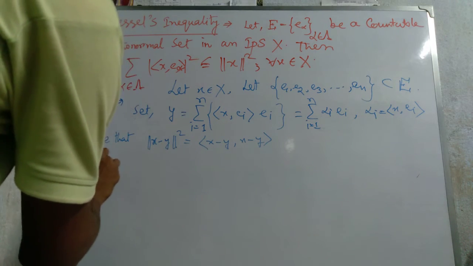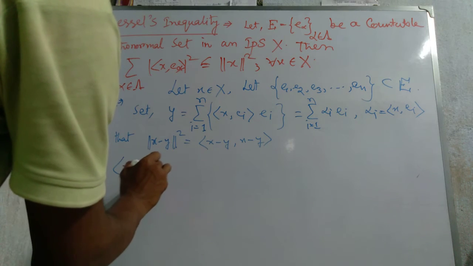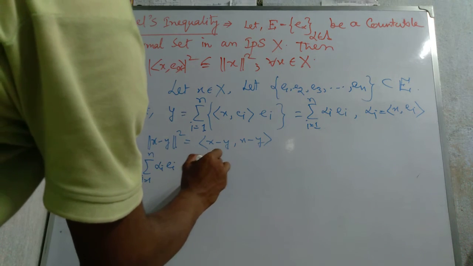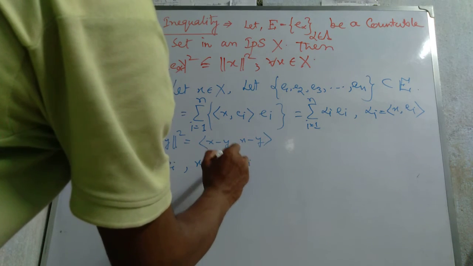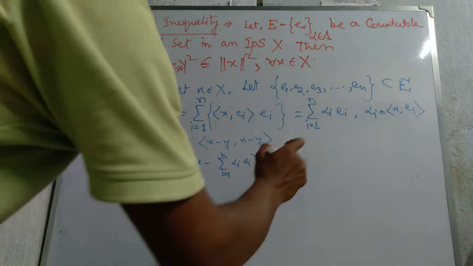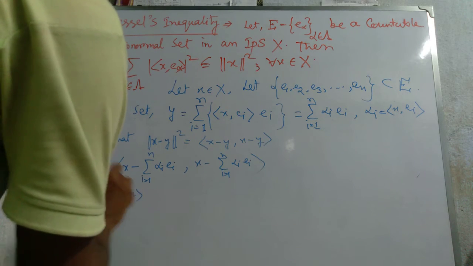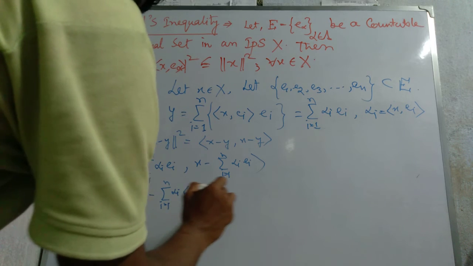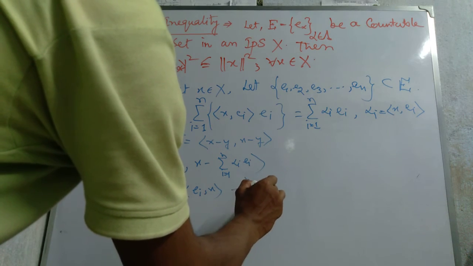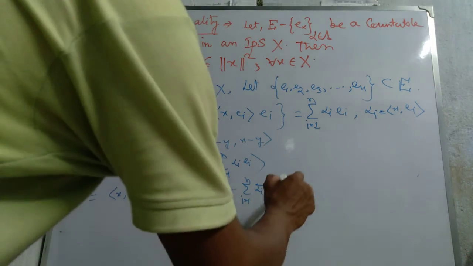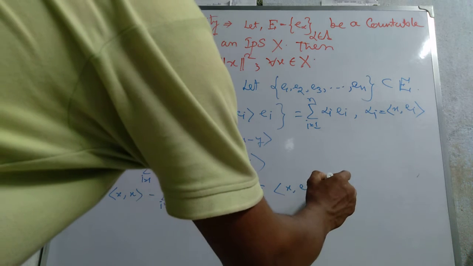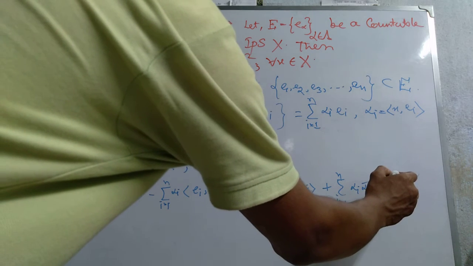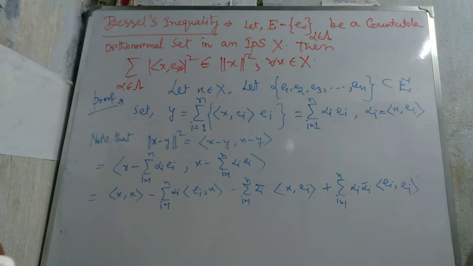Now this one equal to x minus the summation i equal to 1 to n of alpha i Ei, with x minus the summation of alpha i Ei, equal to the inner product of x with x, minus the summation i equal to 1 to n of alpha i conjugate times the inner product of x with Ei, plus the summation i equal to 1 to n of alpha i conjugate Ei.